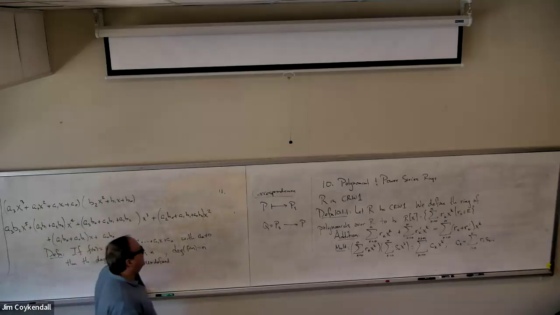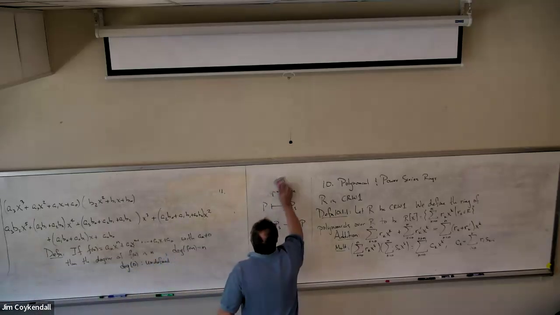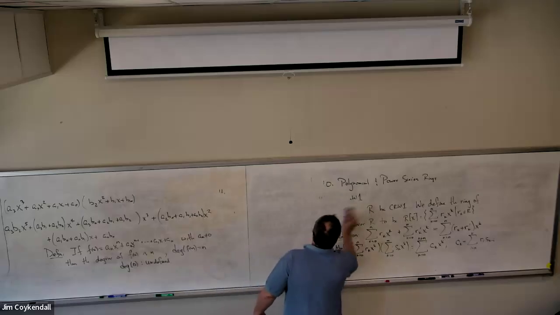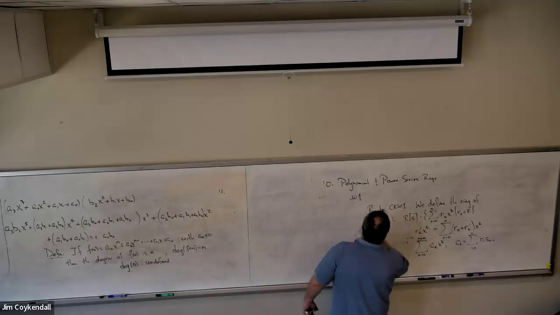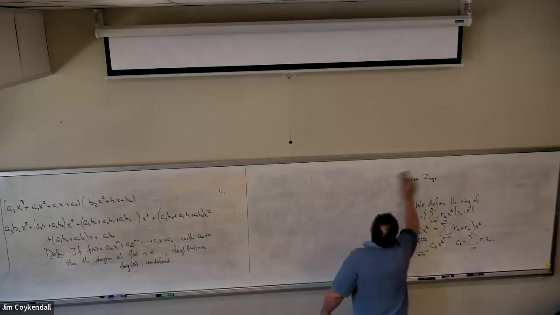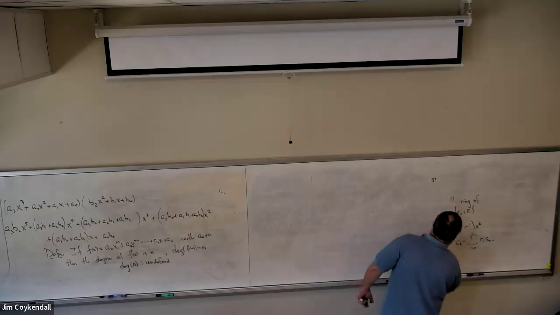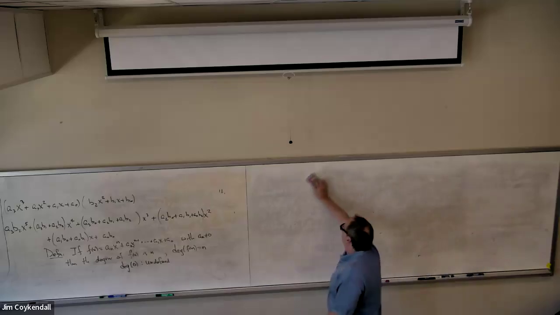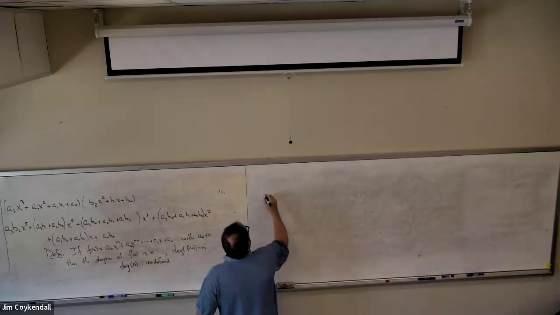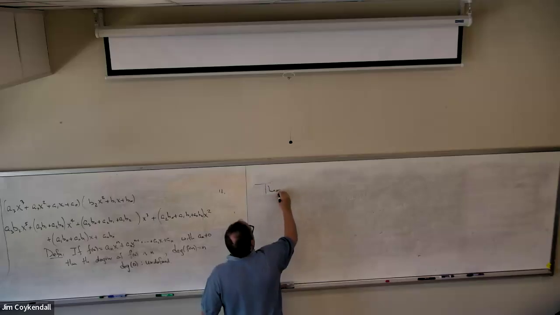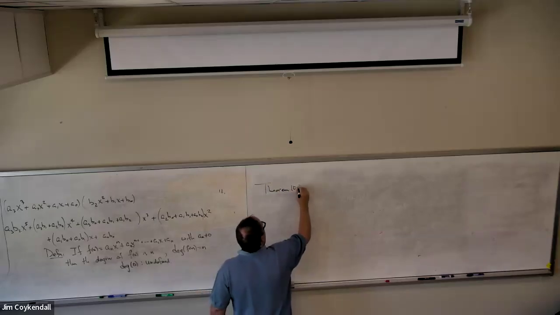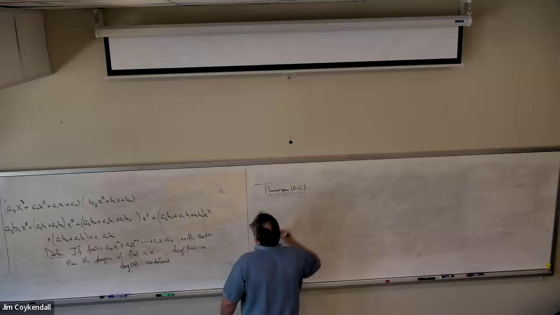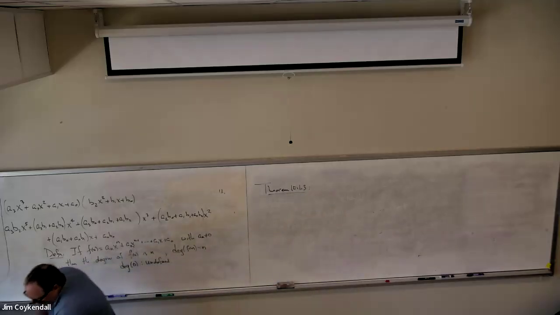Theorem. You did a lot of this work actually in your homework. Theorem 10.13. Let R be a commutative ring with one.